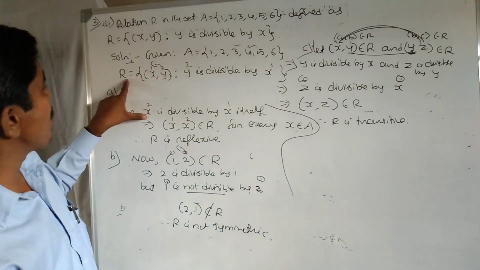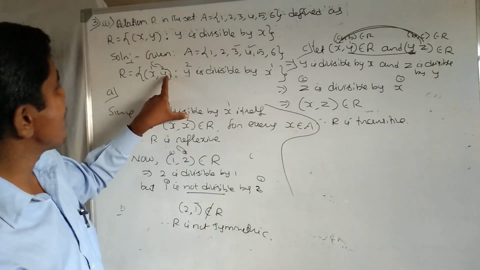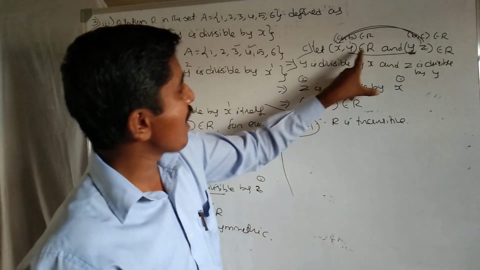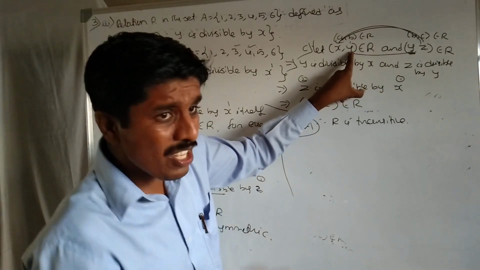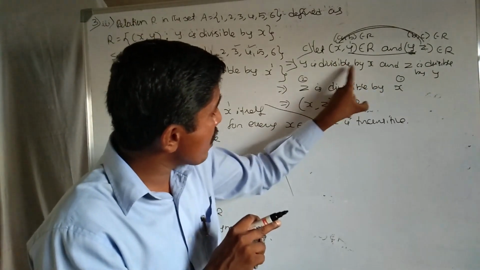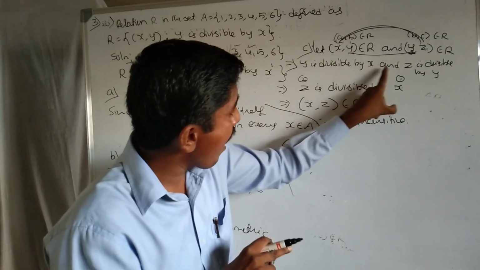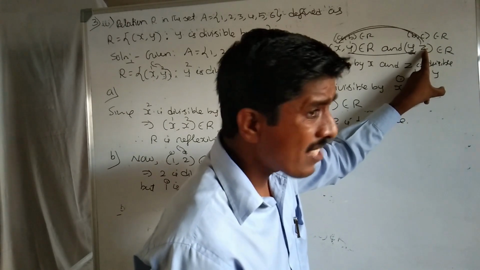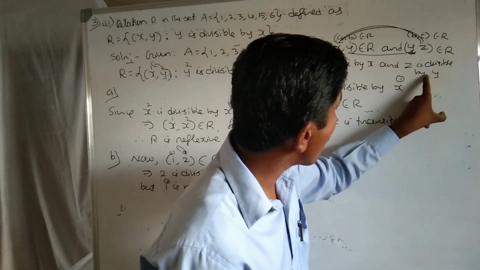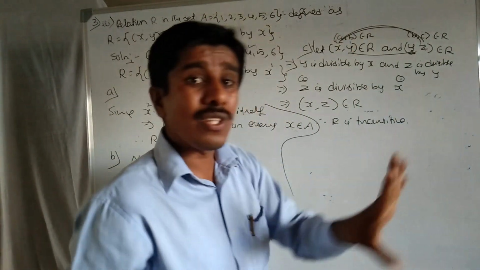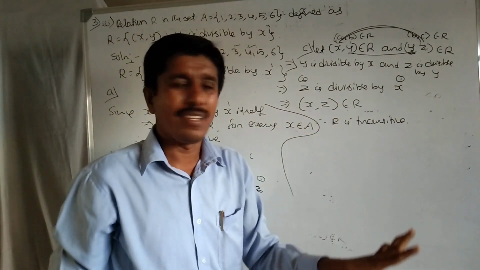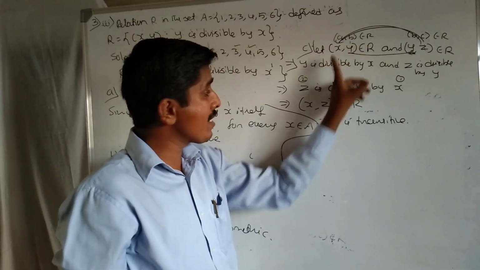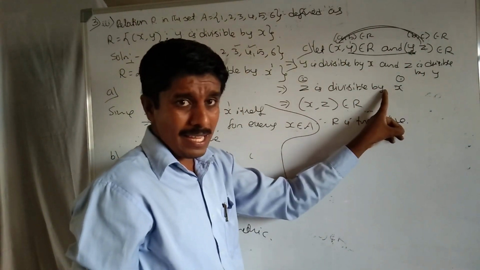X comma Y belongs to the relation means the second element Y is divisible by the first element X, and Y comma Z belongs to the relation means the second element Z is divisible by the first element Y. Take any example and verify. Obviously, Z is divisible by X.